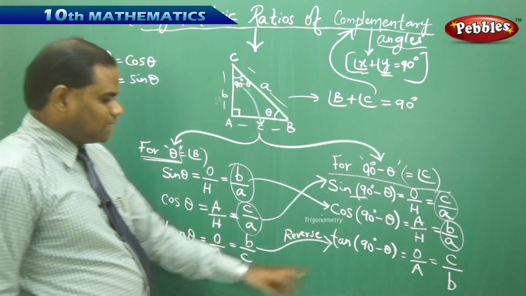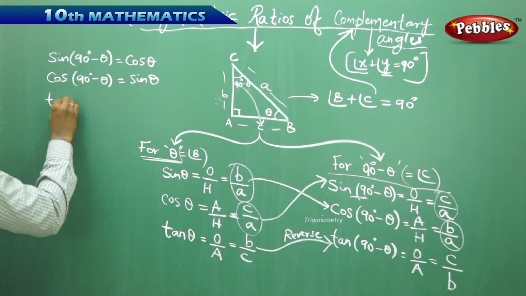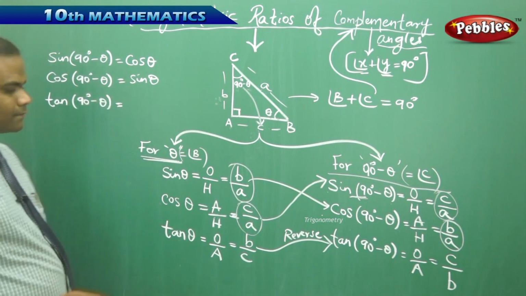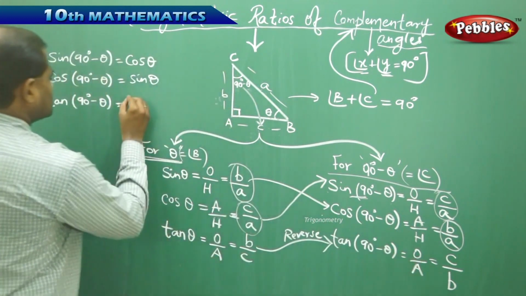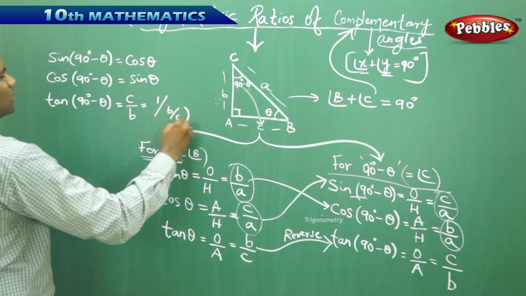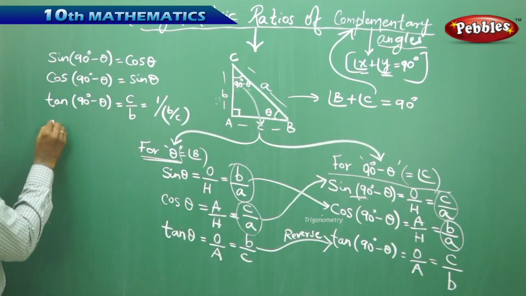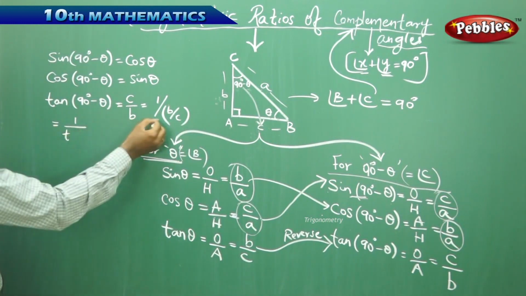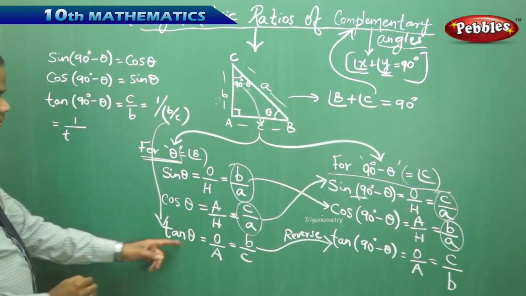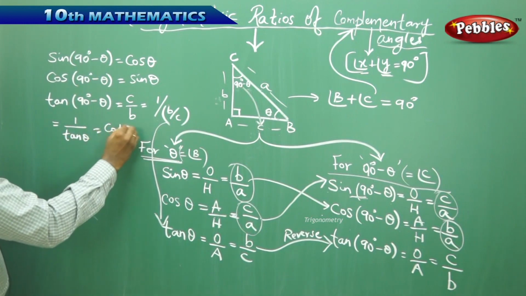Further, tan 90 minus theta is C over B, which is nothing but 1 by B over C, because C over B I can write as 1 over B over C, so that this reduces to 1 by B over C, which is clearly tan theta, and therefore this one substituted here gives me 1 by tan theta is cot theta.